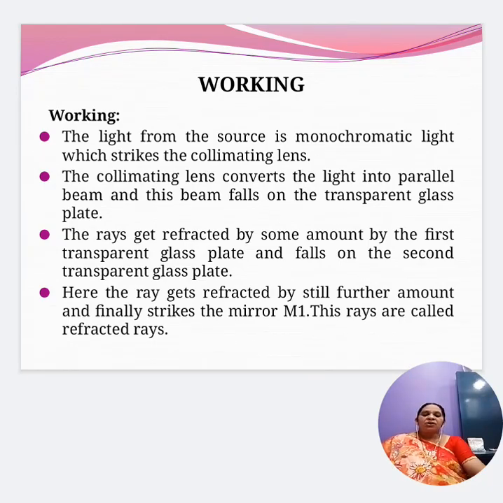These rays are called refracted rays. So the light ray coming from the collimating lens is refracted by the first plate, passes on to the second plate where it is refracted further, and finally reaches the mirror M1. This ray is called the refracted ray.